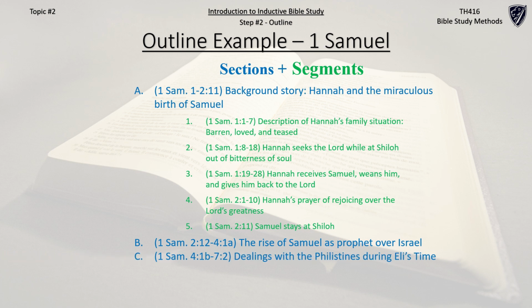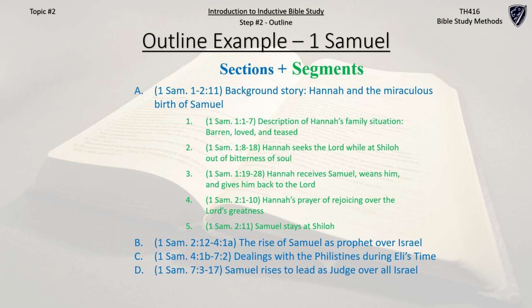Then in chapter 4, verse 1b through chapter 7, verse 2, you have dealings with the Philistines during the time of Eli. And that's significant to Samuel's story because that shows how Samuel is going to inherit a mess when he becomes the leader and ruler of Israel as the judge.